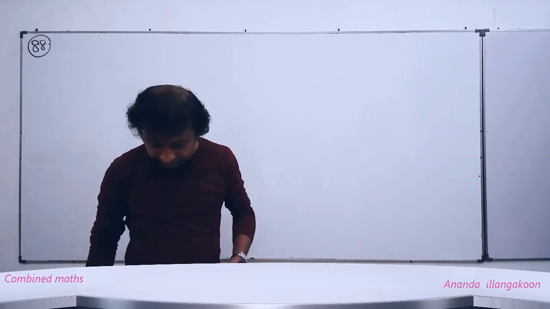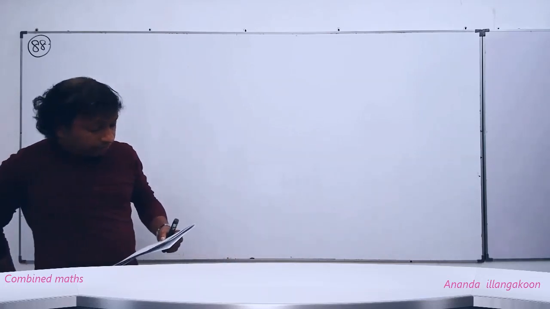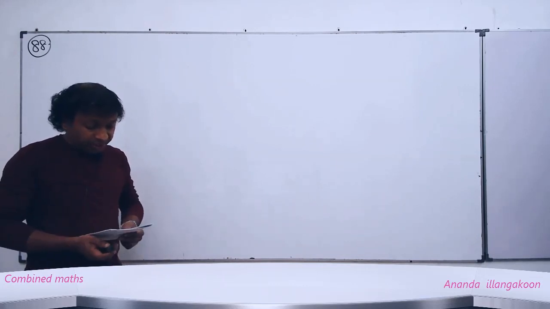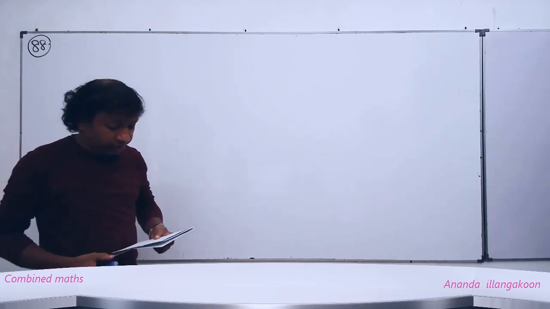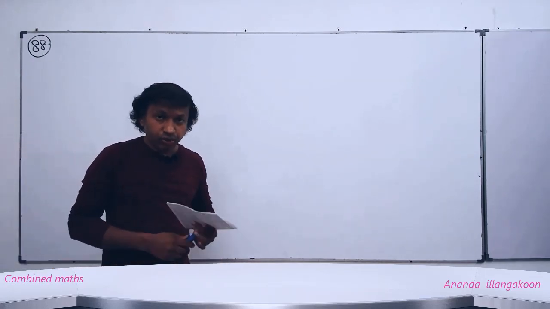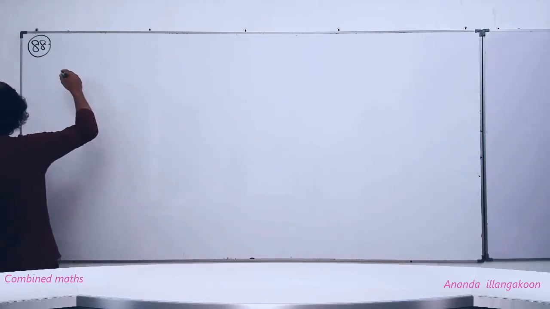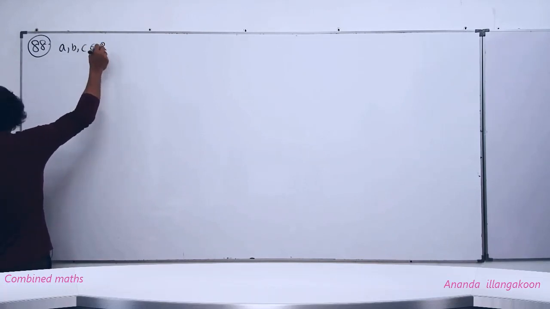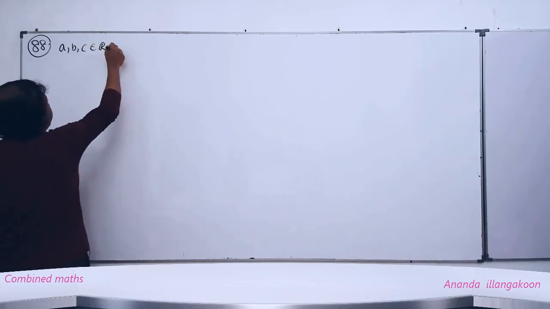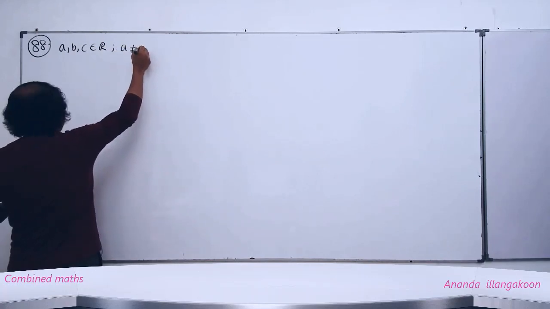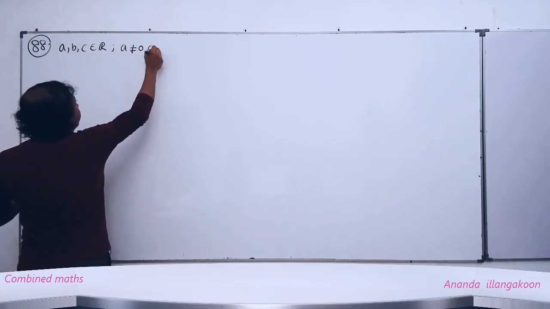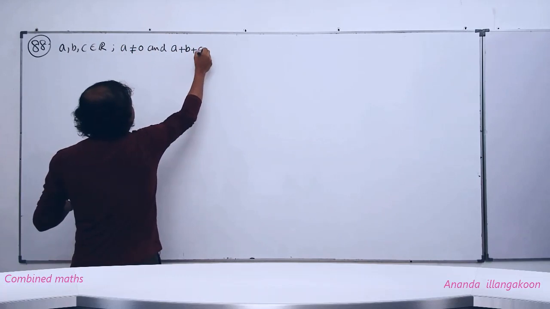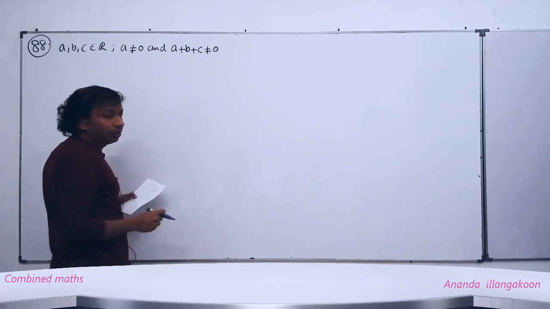Okay, number 88. It says, this is also a past paper sum. A, B, C are real numbers such that A not equal to 0 and A plus B plus C not equal to 0.